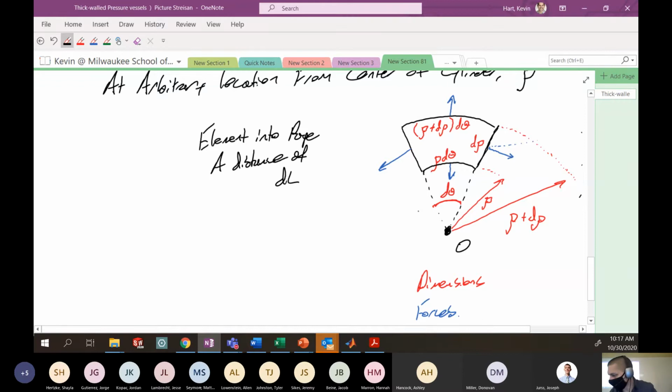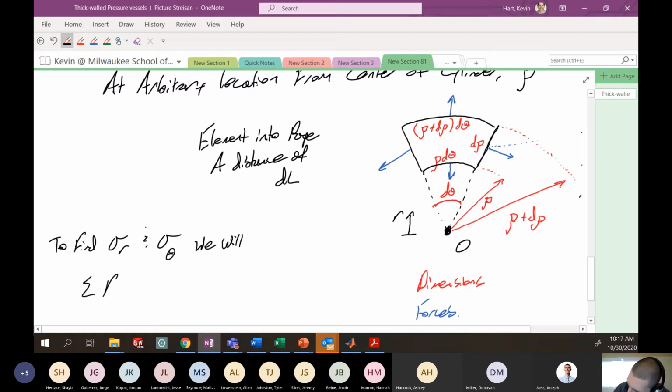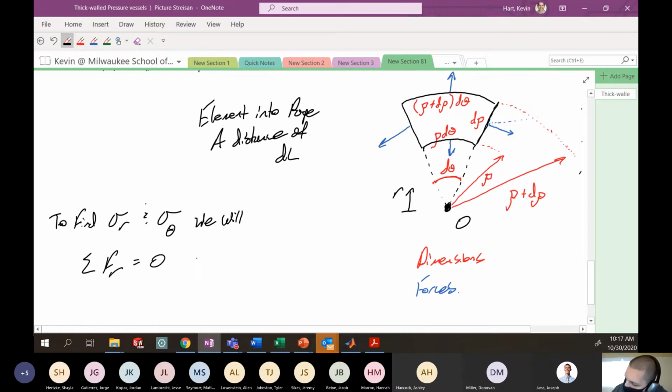Or it's probably a little bit cleaner to write it this way. What we want to do to go through this derivation is to find things like sigma R and sigma theta. We will sum the forces in the R direction equal to 0 to assume equilibrium.